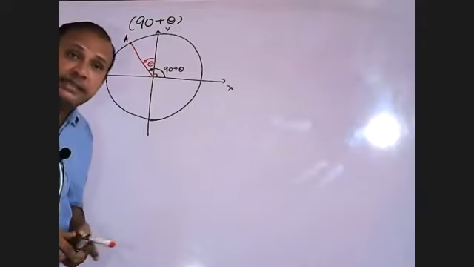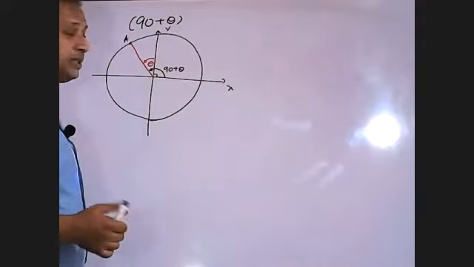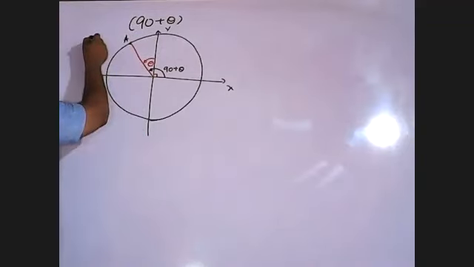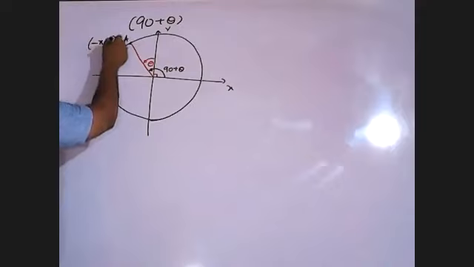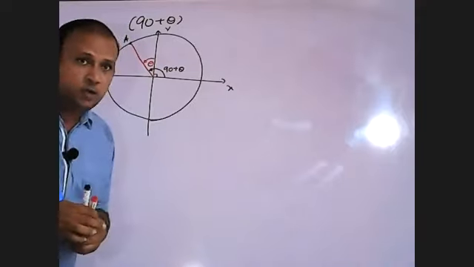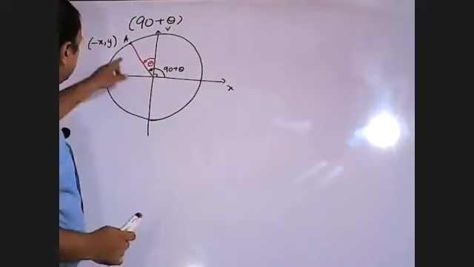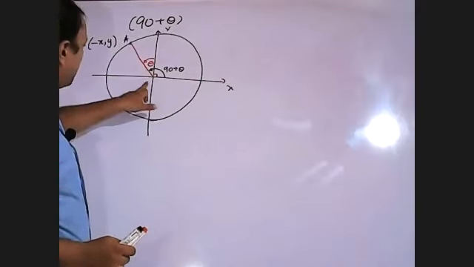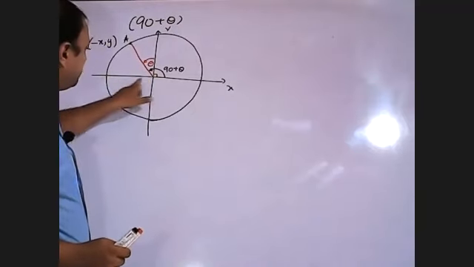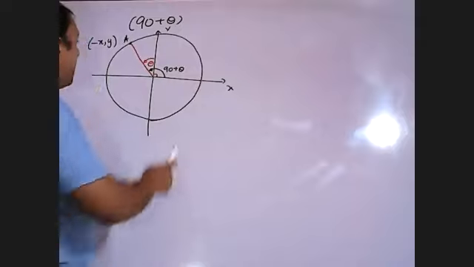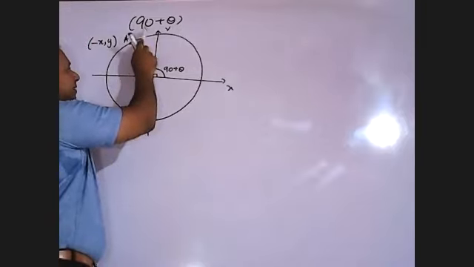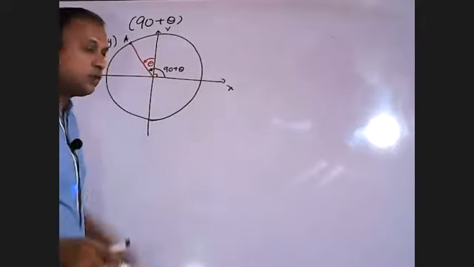Then you can take the Cartesian coordinate of A as minus x comma y. This is the typical Cartesian coordinate of A. Because look at this, now x values are on the negative side, and y values are on the positive side, because this is the second quadrant.